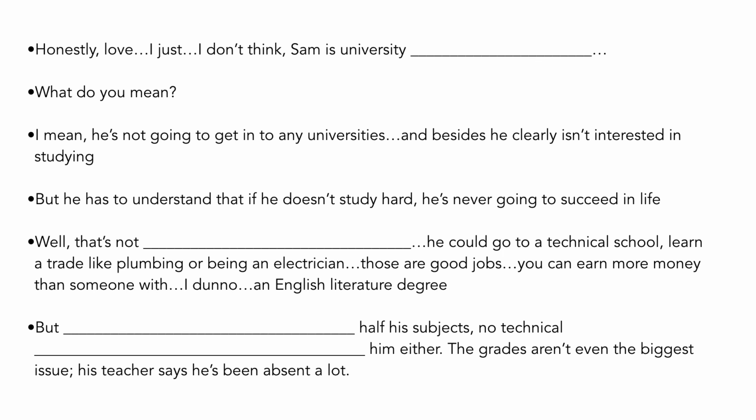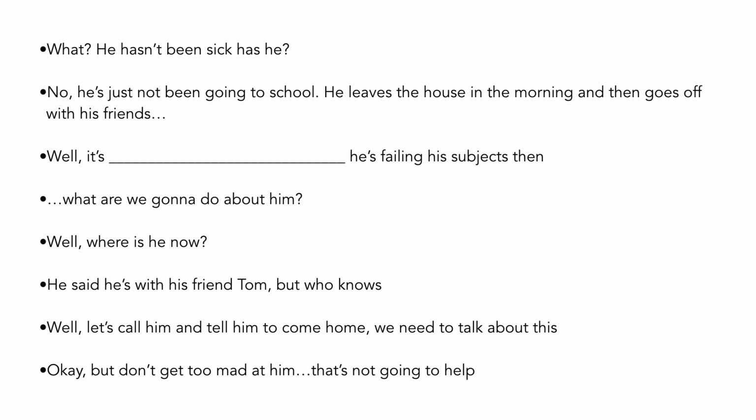Those are good jobs. You can earn more money than someone with, I don't know, an English literature degree. But if he fails half of his subjects, no technical school will accept him either. The grades aren't even the biggest issue. His teacher said he's been absent a lot. What? He hasn't been sick, has he? No, he just hasn't been going to school. He leaves the house in the morning, then just goes off with his friends.